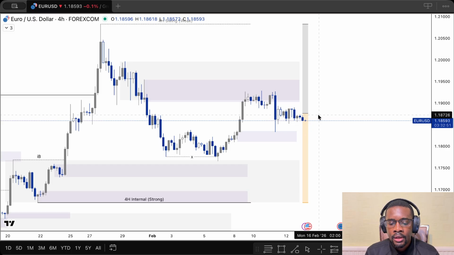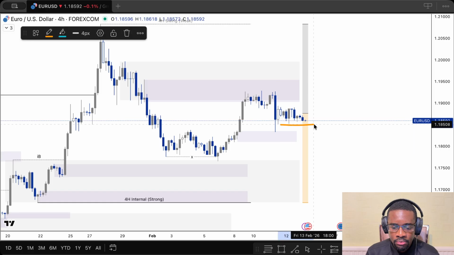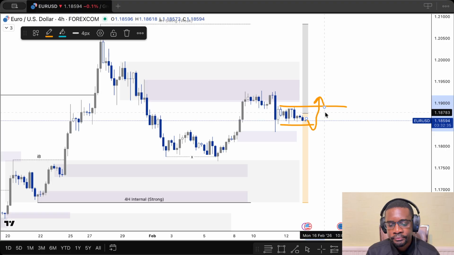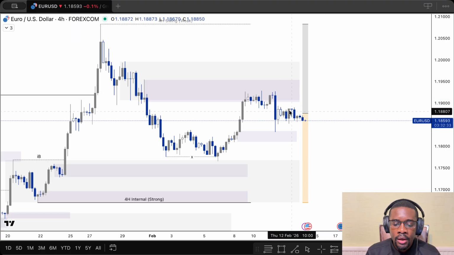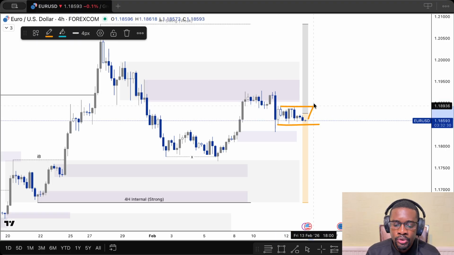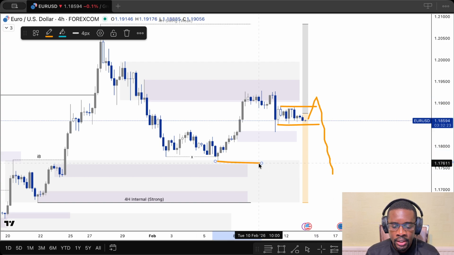Fine, we do have relatively equal lows in there, but this is all within the range. So we could sweep the low of the range and then target the high of the range, or we could sweep the high of the range and then maybe come back into the range to push lower, maybe to take out this, mitigate that, or even reach the extreme.